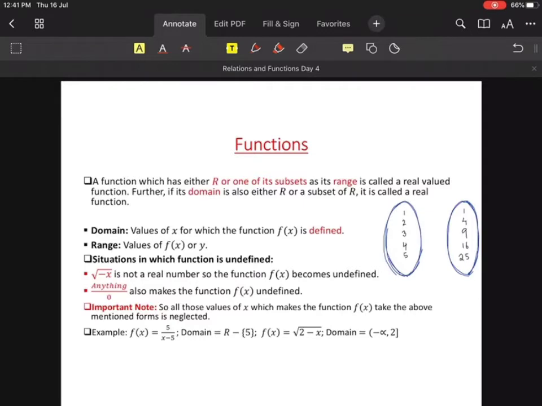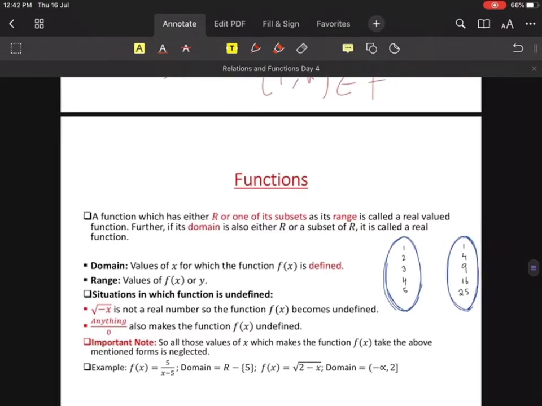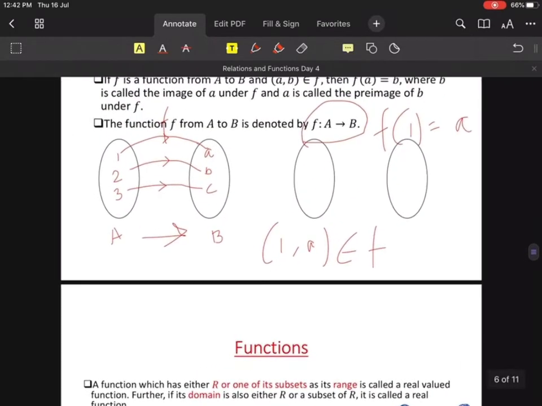Can you give me a subset of real numbers? Rational number, natural number, whole number, integer, irrational number also. They're all subsets of real numbers, right?